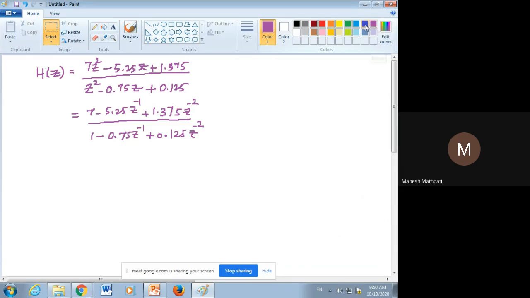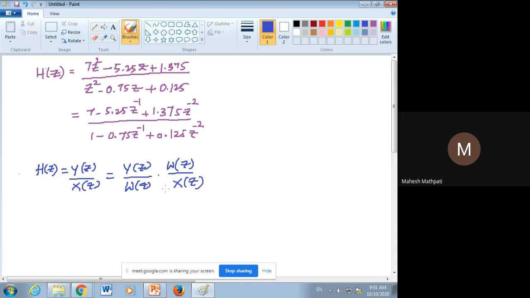Now this we can write as H of z. How do you define H of z? H of z equals Y of z upon X of z. I can write this simply as Y of z divided by W of z, which is multiplied with W of z divided by X of z.